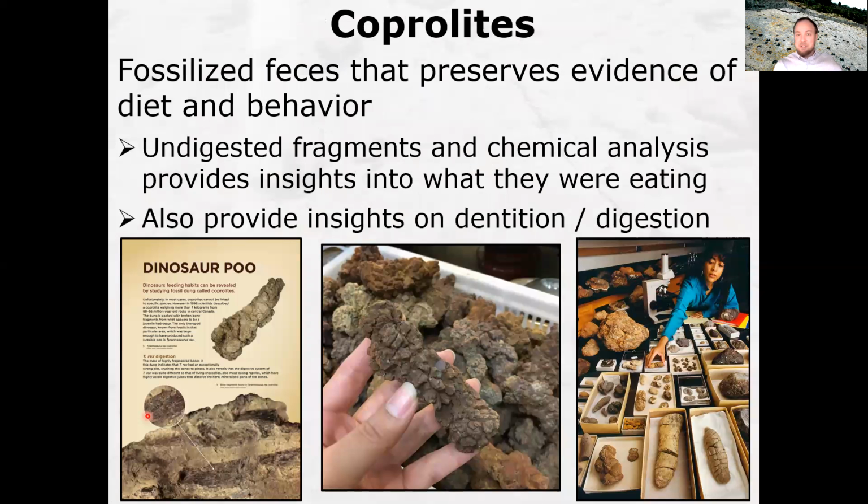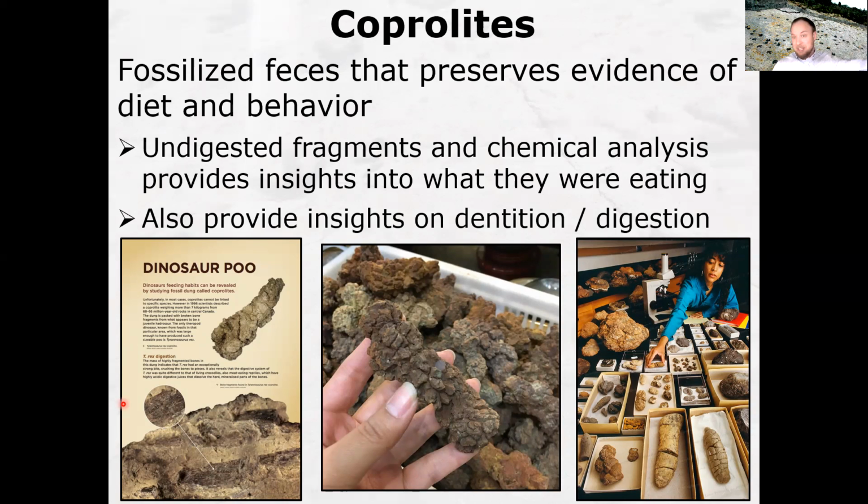The last type of trace fossil that we're going to talk about is coprolites. Coprolites are fossilized feces. They preserve evidence of diet and evidence of behavior. If you look at a piece of dinosaur poop, and if you watch some of the videos on the YouTube playlist, no, it doesn't stink.